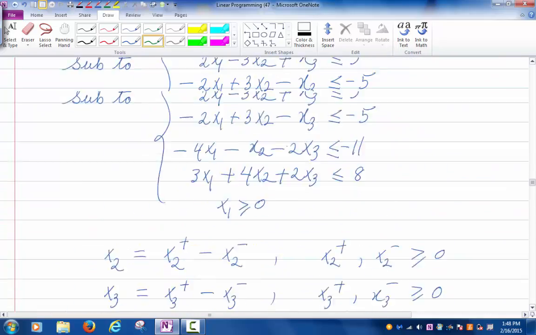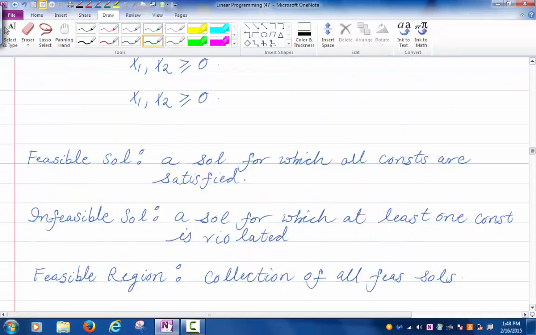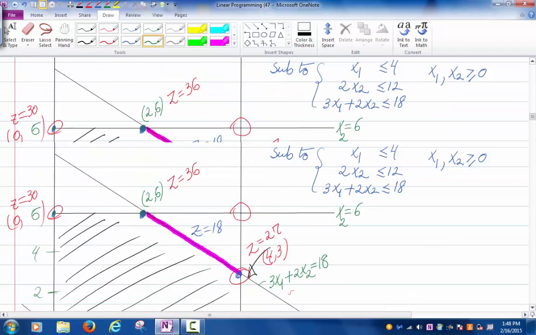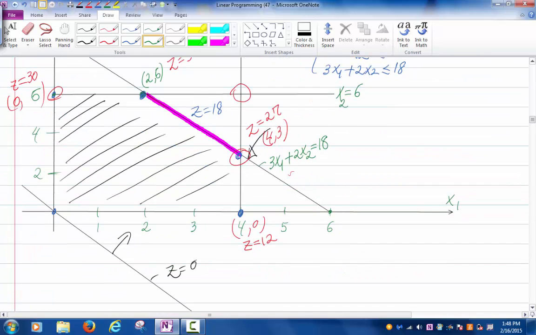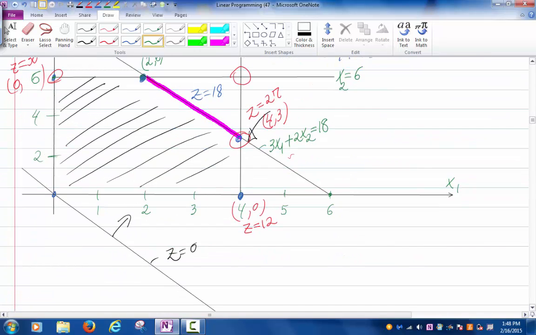Let me show you what path geometrically our Simplex took. Let me go back to the geometric view of this. Remember, this was the feasible region, right? Our first initial dictionary gave us the solution 0, 0. From there, our next solution was 4, 0.